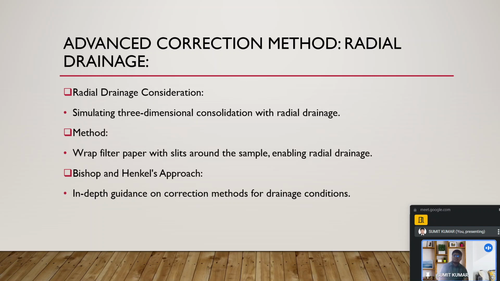Now, advanced correction methods like radial drainage consideration help in simulating the three-dimensional consolidation with radial drainage, because it implies the three-dimensional condition which actually takes place in the field. The method used is to wrap filter paper with silt around the sample, enabling the radial drainage.